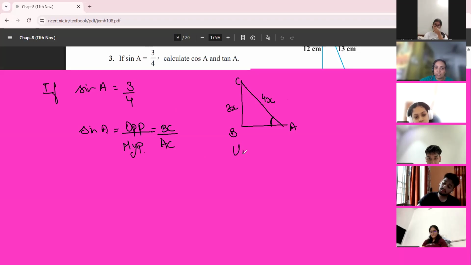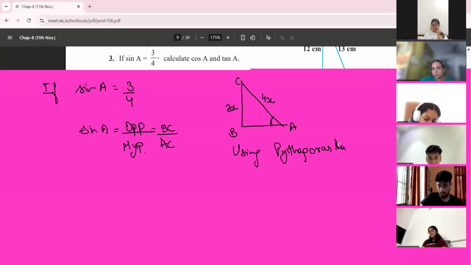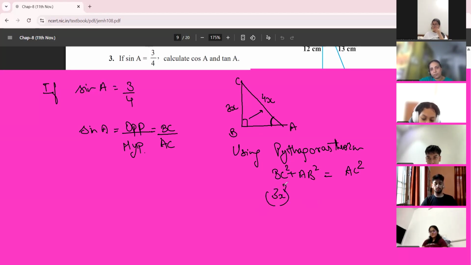Now using Pythagoras theorem, we will write BC square plus AB square is equal to the hypotenuse, always AC square. So that is 3x whole square plus AB square is 4x whole square.